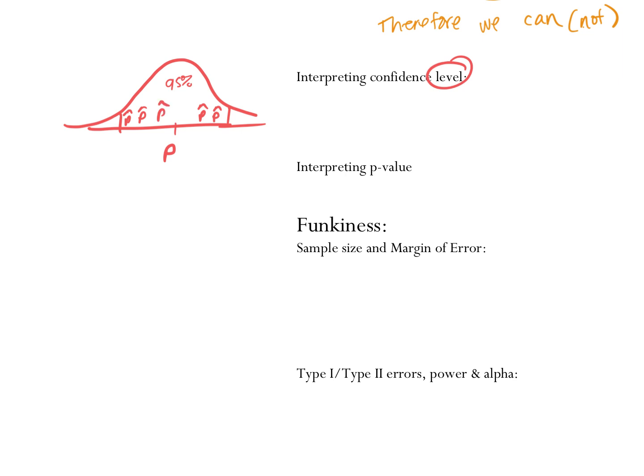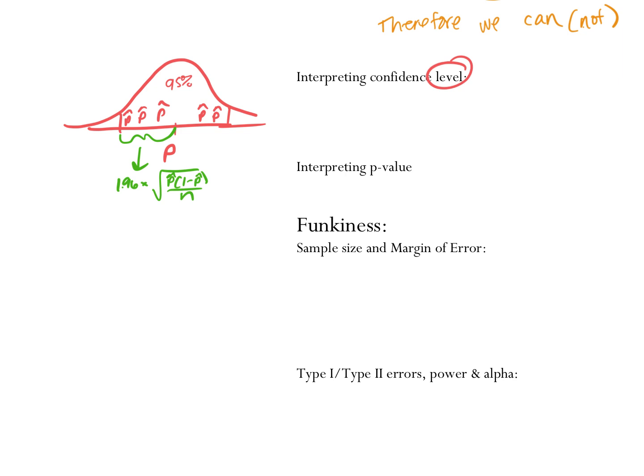The basic idea is we say that this distance, for 95% confidence, is 1.96 times the square root of p hat (1 minus p hat) over n. It's basically my critical value, 2 standard deviations, right?